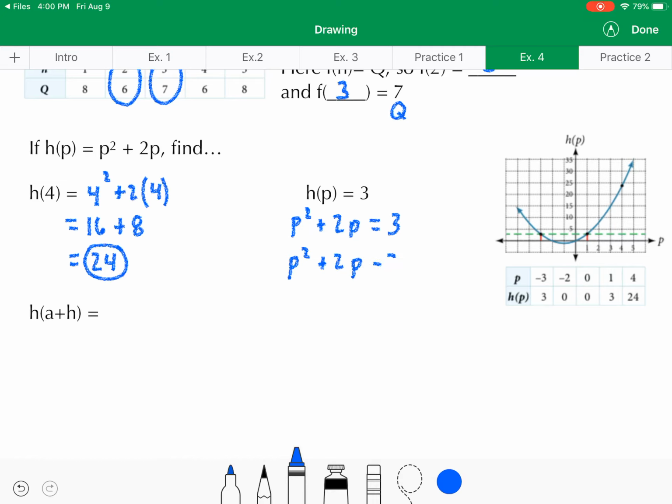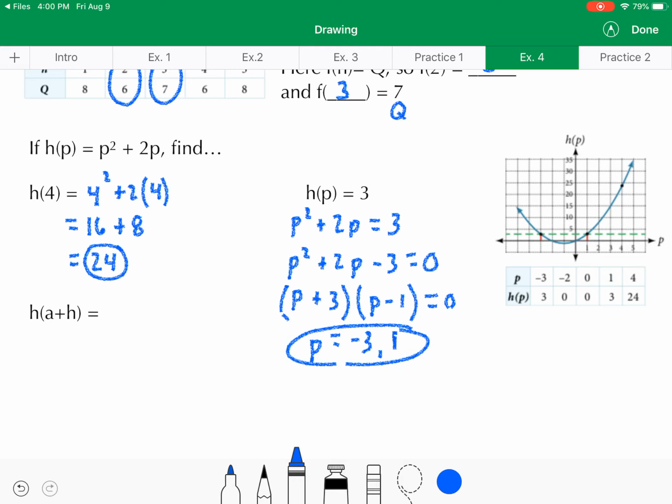Move it all to one side and factor. So that's telling me that there are 2 p values that will result in the same output of 3. That means this is not a one-to-one function.